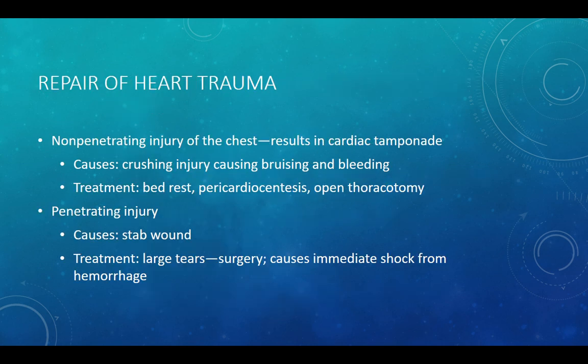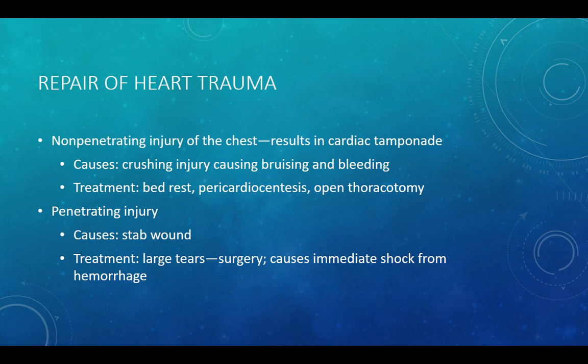Repairing of heart trauma. Non-penetrating injury to the chest results in cardiac tamponade. That is where the sac that is around the heart fills with blood for one reason or another, causing a crushing injury, causing bruising and bleeding. Treatment is bed rest, pericardiocentesis, or open thoracotomy if it's bad enough.